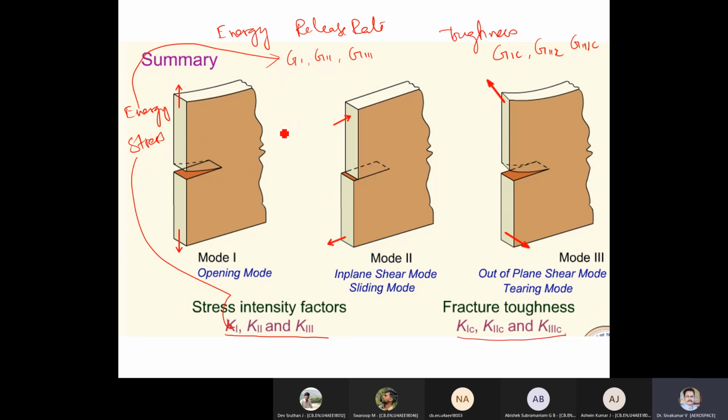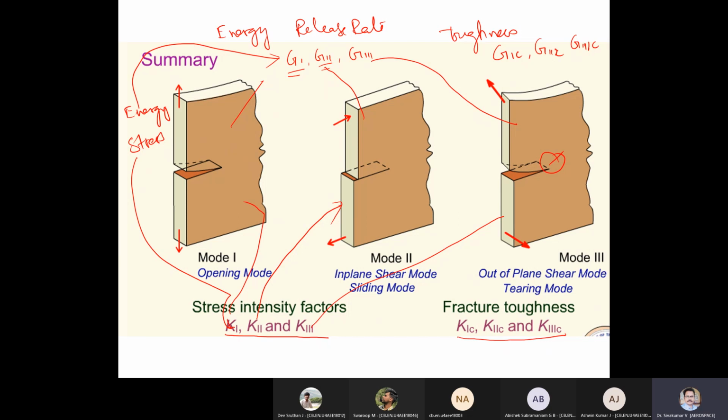So G1 means energy coming out by mode 1, K1 means stress intensity from mode 1. G2 means energy release rate through mode 2, K2 the stress intensity factor by mode 2. Similarly, G3 is energy released by mode 3, or K3 the stress intensity factor created because of this.